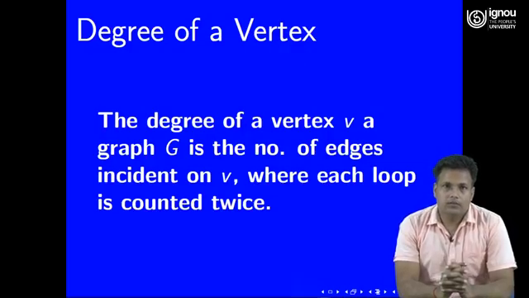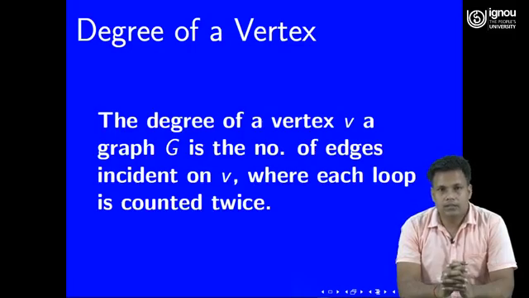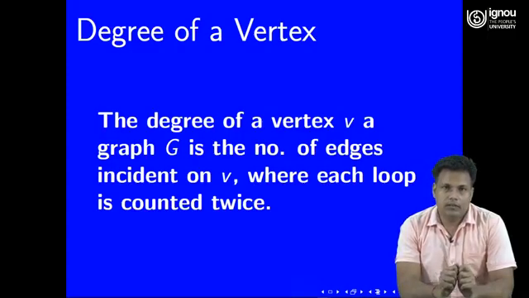Another concept related to a vertex is the degree of a vertex. It is defined as the number of edges incident on v, where each loop is counted twice. That means to find the degree of a vertex, you need to count the edges which are incident on v, and if there is any loop incident, then that loop will be counted twice.